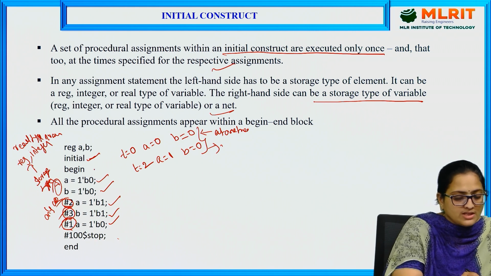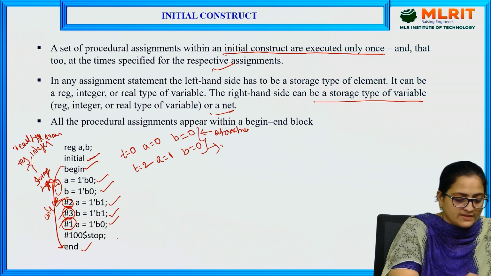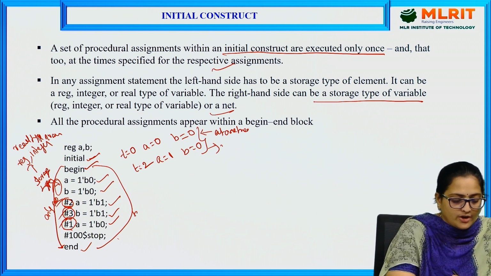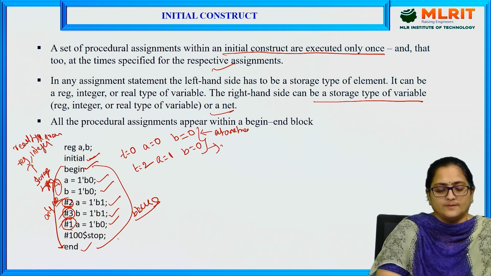All the procedural statements should appear between the begin and end statements. That is, this is a block, and all the procedural statements should be placed in between a begin and end block.